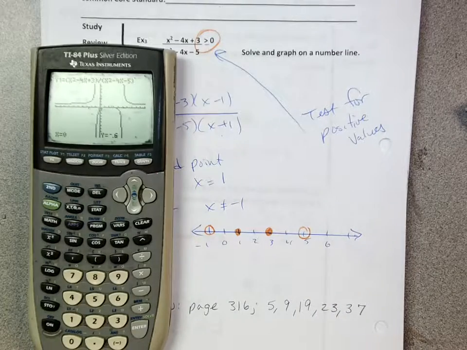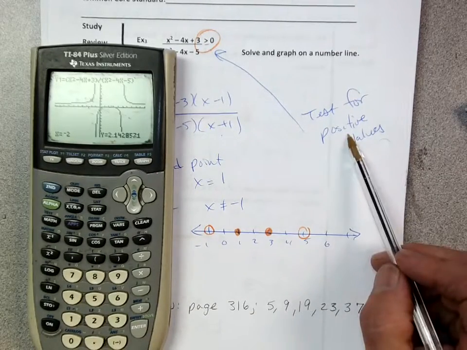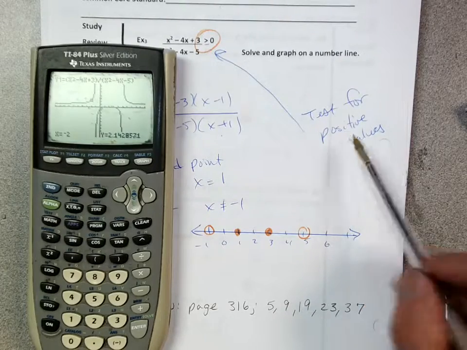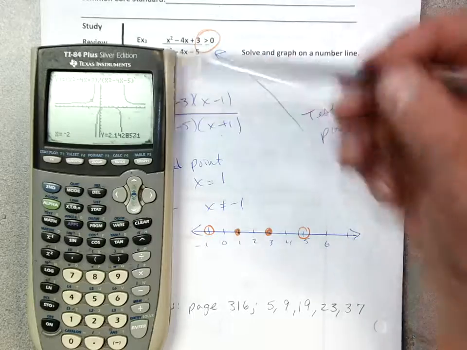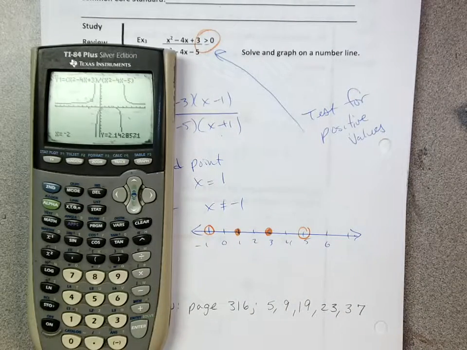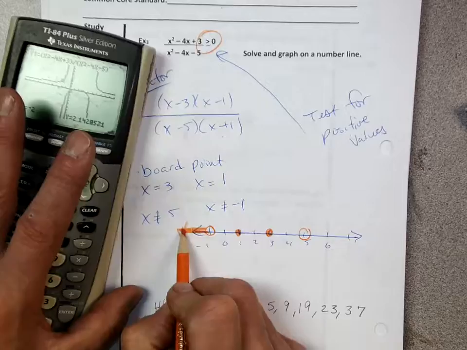Trace. There we go. I get a 2.14. Is that a positive value? And it actually looks like it's above, right? Kind of, I mean, some of this seems obvious. I will test all the points. You guys probably go, come on, Mr. Davies, don't you see it? It's already above 0. You guys see that? Right? So I'm going to shade all of that.